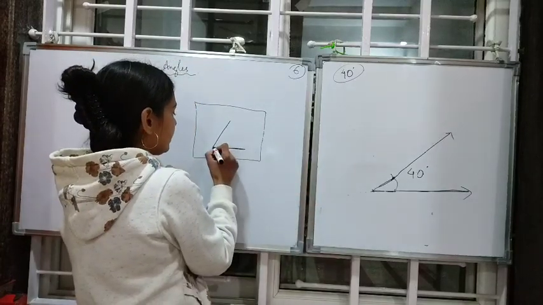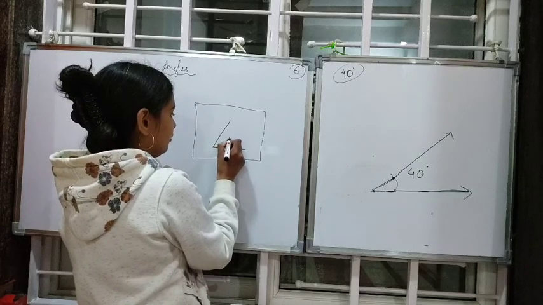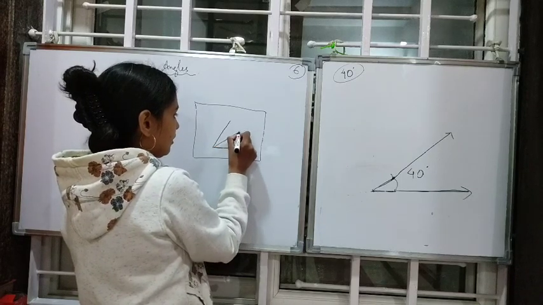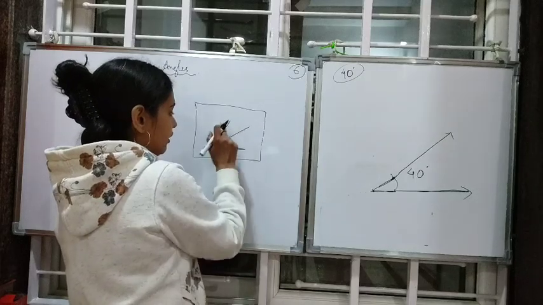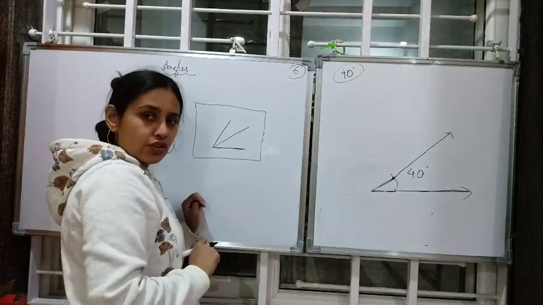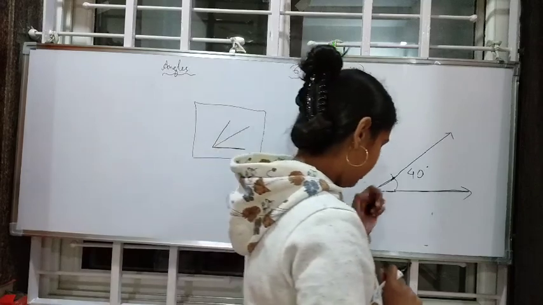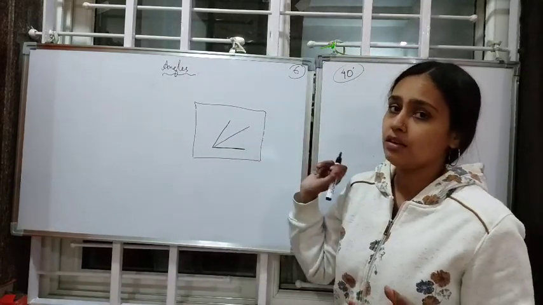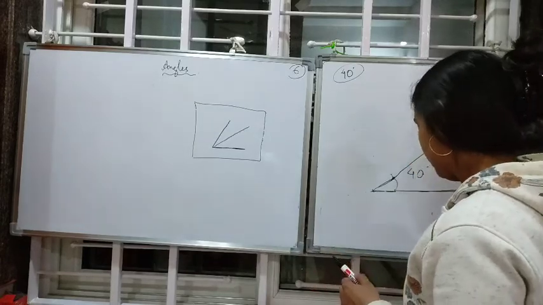Then exactly you will get a fold here. This is the angle bisector of this angle. So this is how we draw the angle bisector using the paper folding method.